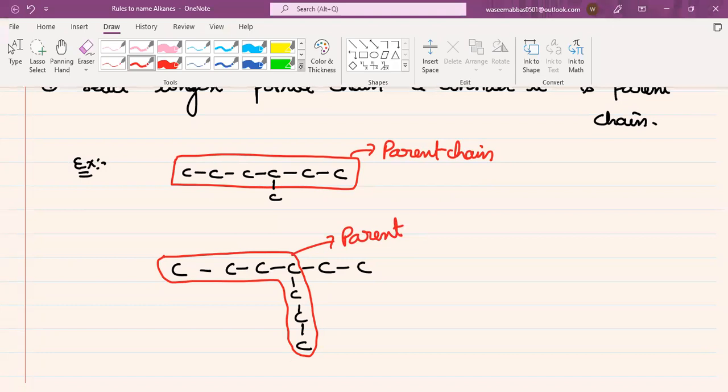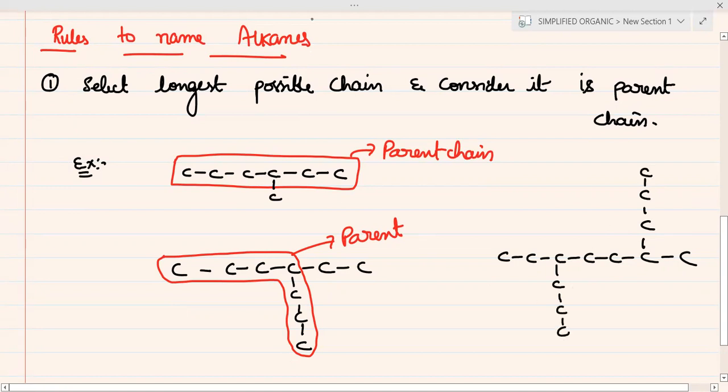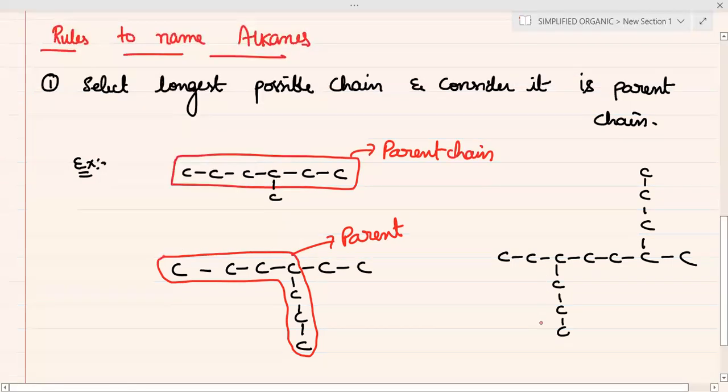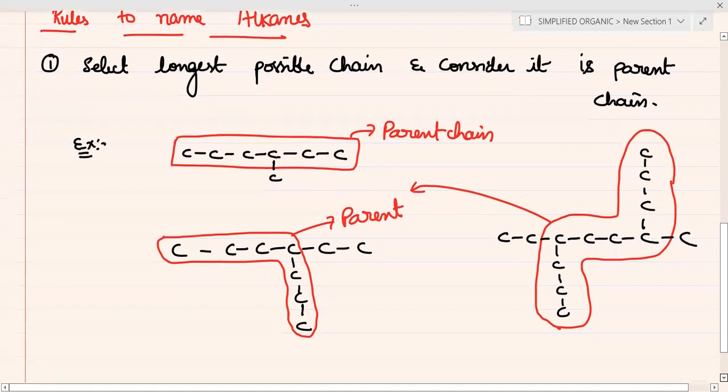One more example, if I have this compound, the longest possible chain is this one, so this is the parent chain. This is rule number 1.